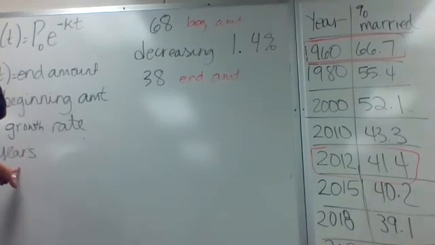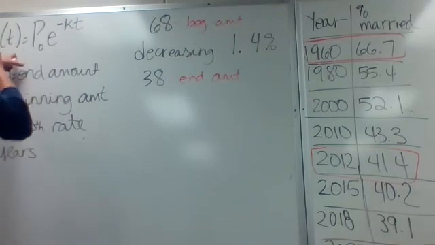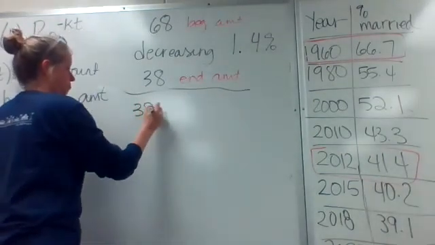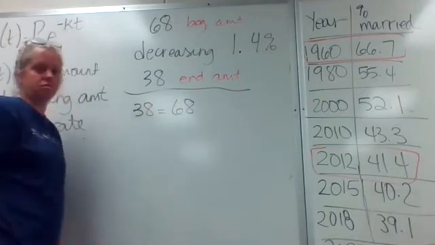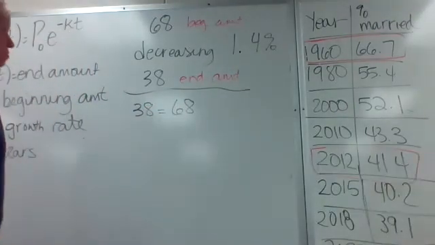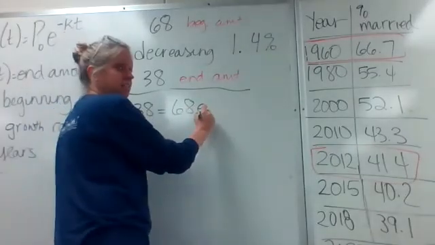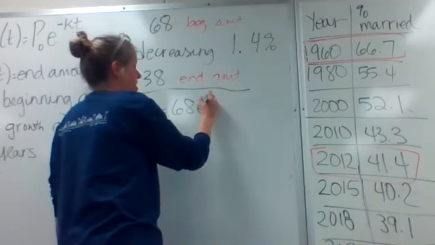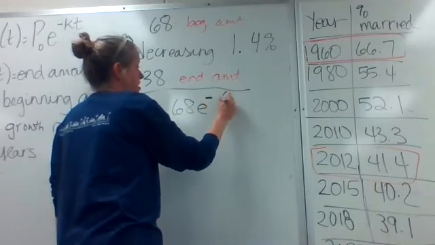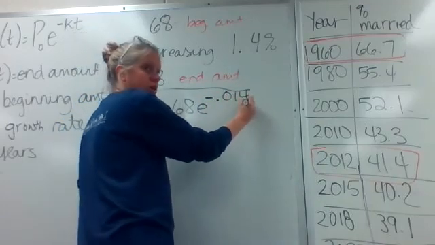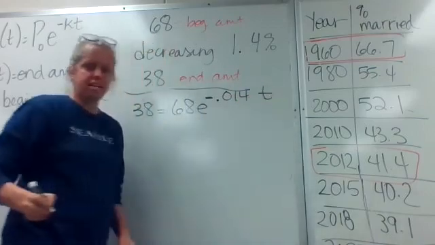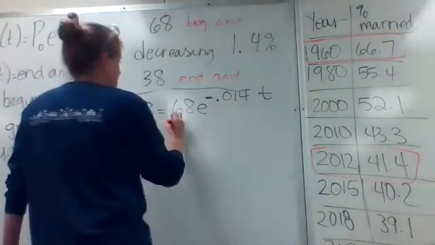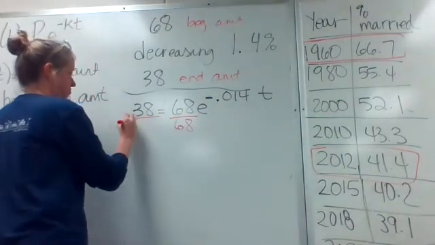I know everything else. So let's see, the end amount, which is 38 million, equals the beginning amount, which is 68 million, E, and the K, if it's declining at 1.4%, I'm going to have negative 0.014 T. So I'm solving for that T. So once again, I have to divide by 68.